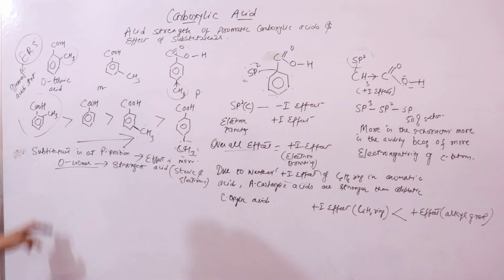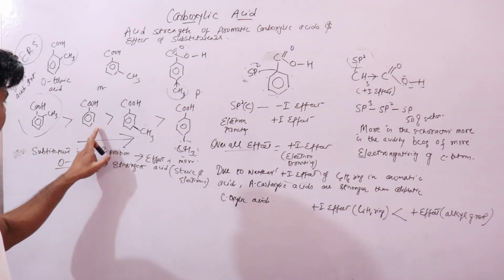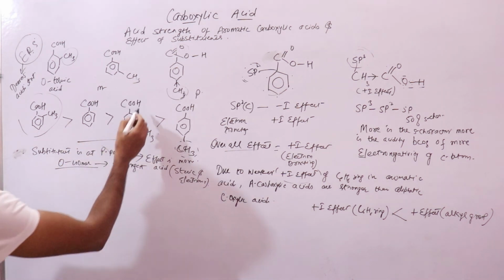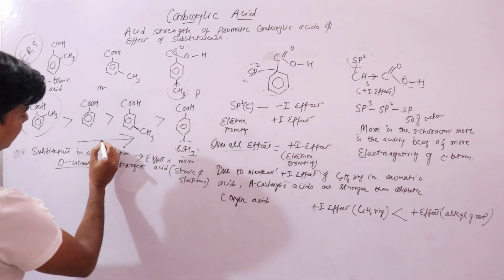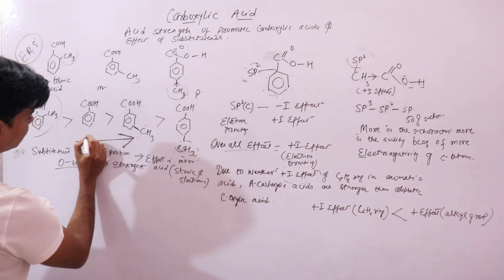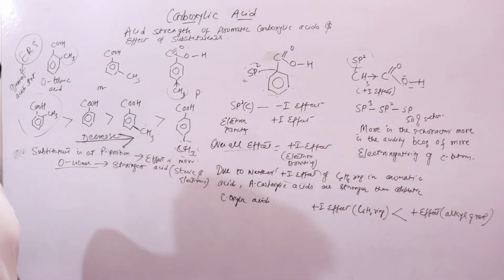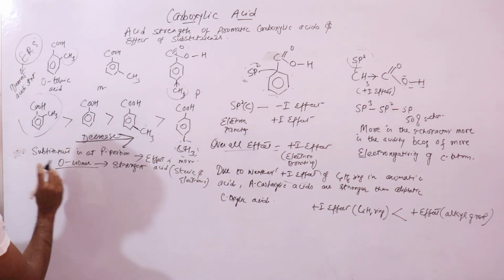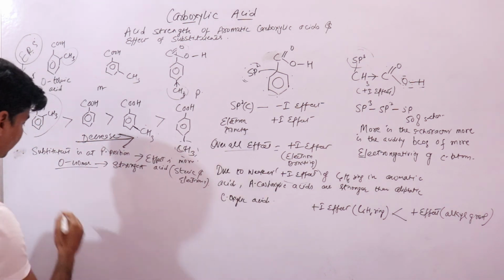So this is your strongest acid, then this, then comes this, then this is the weakest acid. Here the acidic strength is decreasing in this direction, right? So this is it. Now let's come to electron withdrawing substituent.